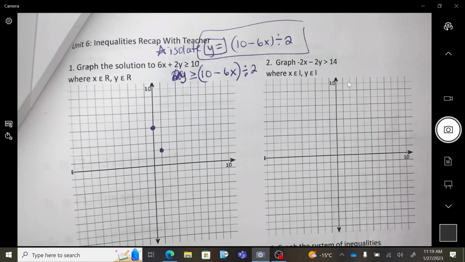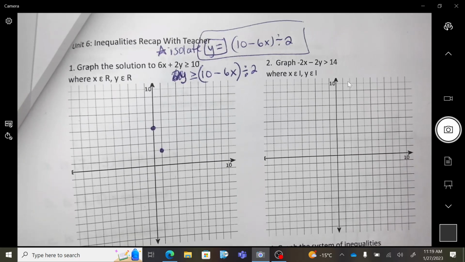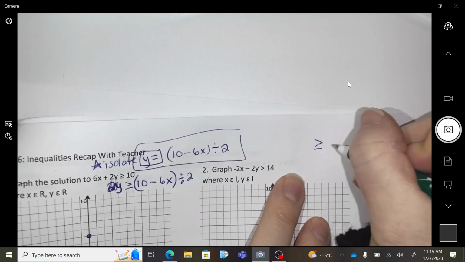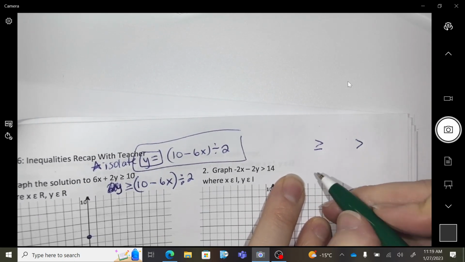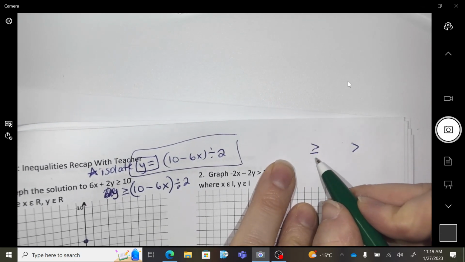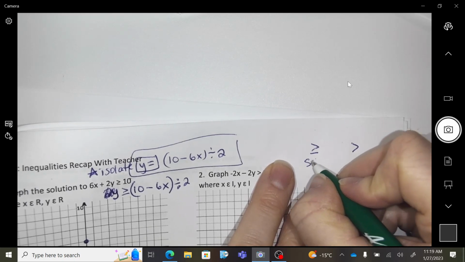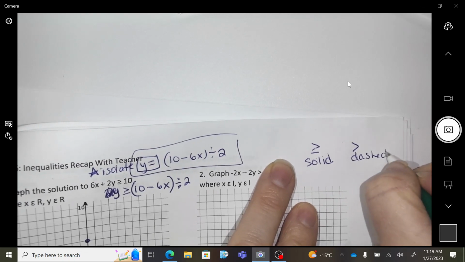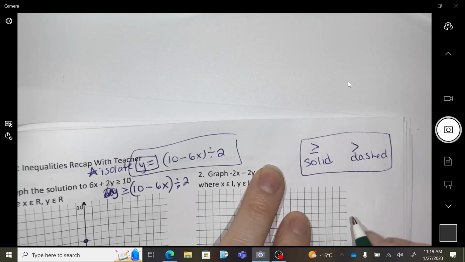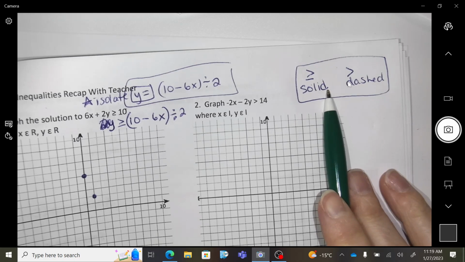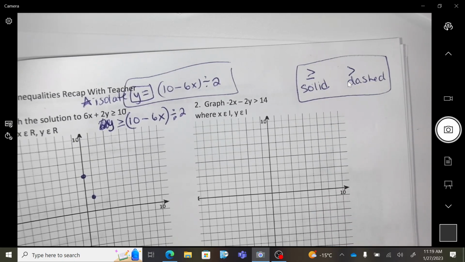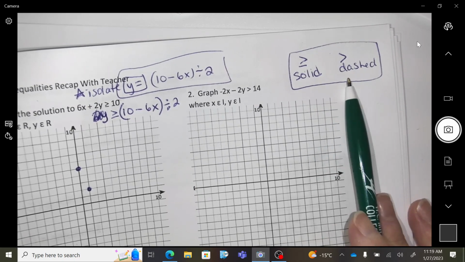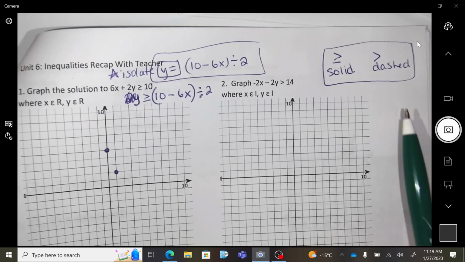Which kind of line do you want to draw? We should write that on our cheat sheet. What kind of line is this? Solid. And this one would be a dashed. So that should be on your cheat sheet if you needed a reminder about that. Cheat sheet tidbit. What did I just say here?